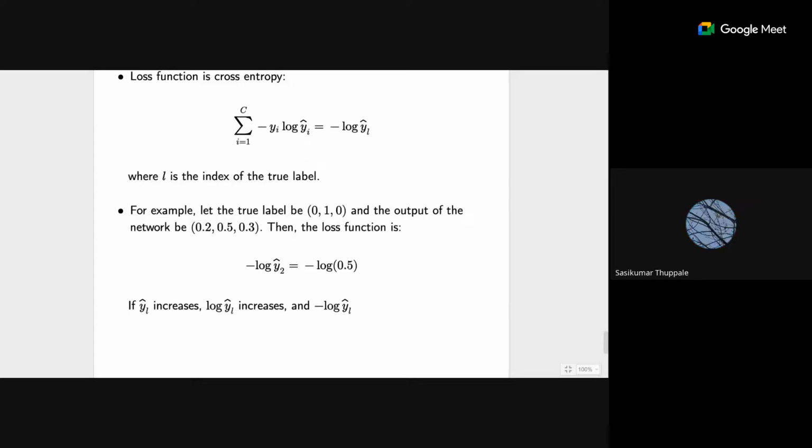So what do I desire? My predicted probability for the true label should be close to 1. That's what I desire, right? So the higher this is, the smaller the loss, and my negative log will be low.